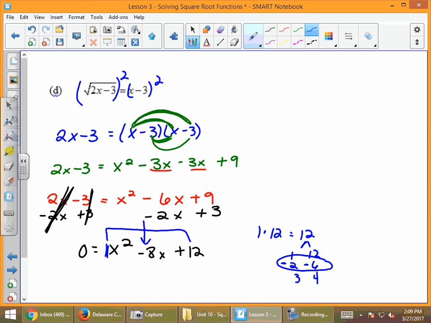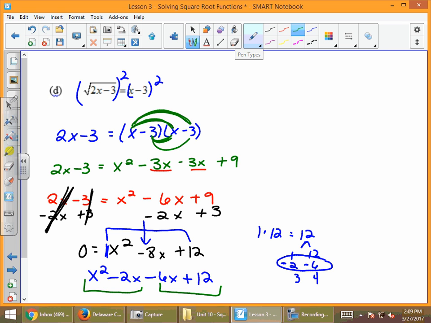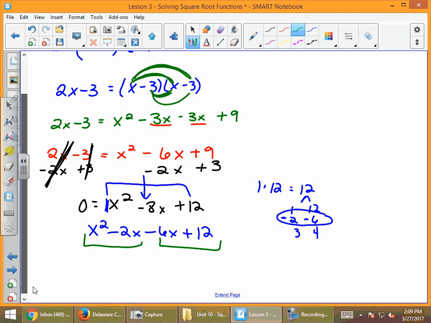So use those values to rewrite your middle. And then group. So what can we take out between x squared and 2x? Just an x. And what are our leftovers? x minus 2.